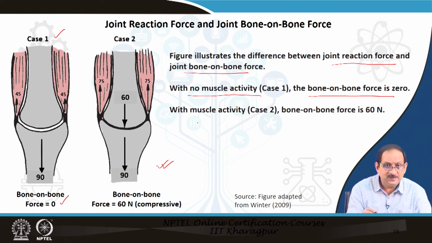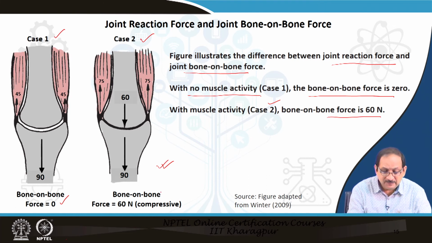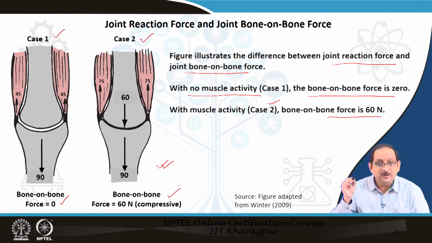In the second case, as indicated in the figure, the bone-on-bone force is 60 Newton compressive. Although the difference between the joint reaction force and bone-on-bone force is minor, the following slide will explain the reasons behind the difference.